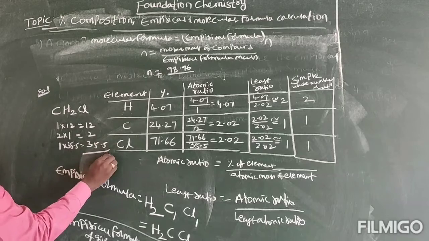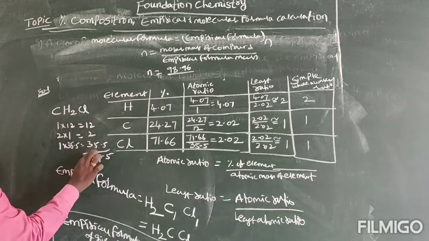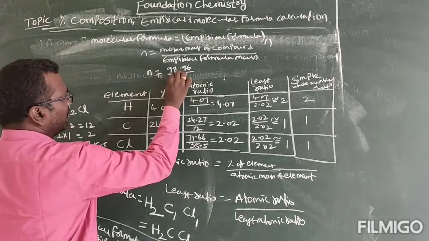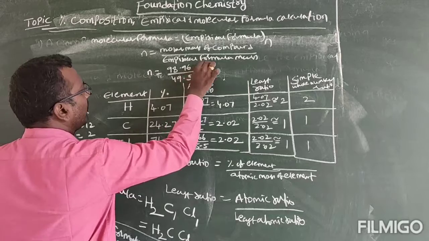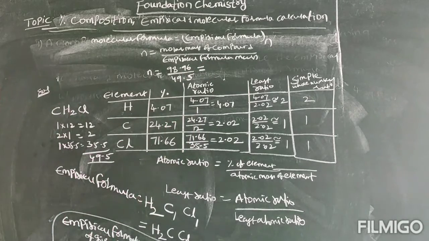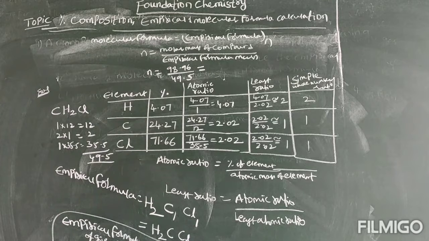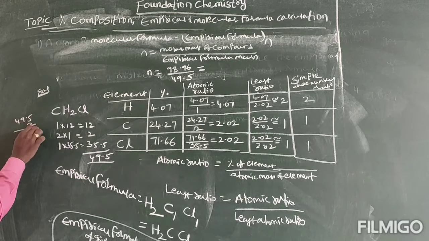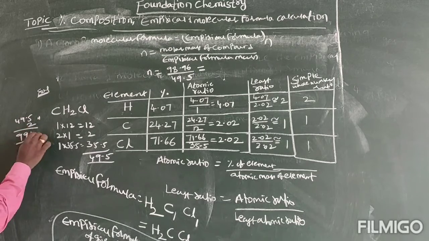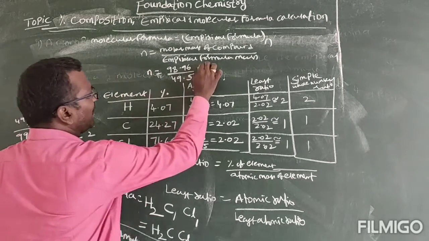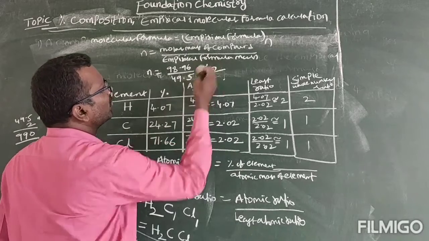So total how much? 49.5. So 49.5. 2s are how much? 2 5s are 10, 2 4s are 18, 19, 99. Means it is approximately equal to 2.